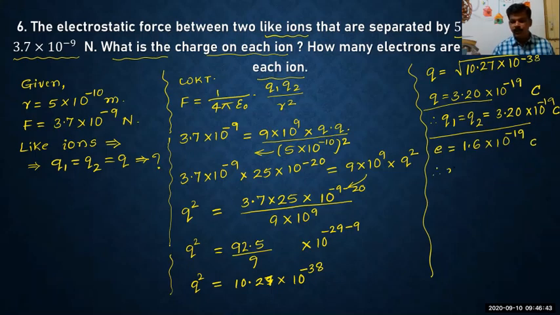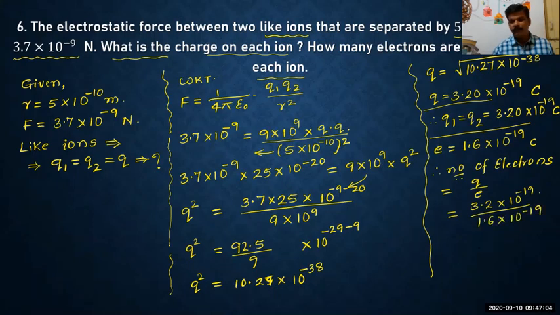So to know the number of electrons, simply what we have to do is divide this Q by e. That is 3.2 into 10 raised to minus 19, divided by 1.6 into 10 raised to minus 19. Then you get the number of electrons, which is equal to 2.